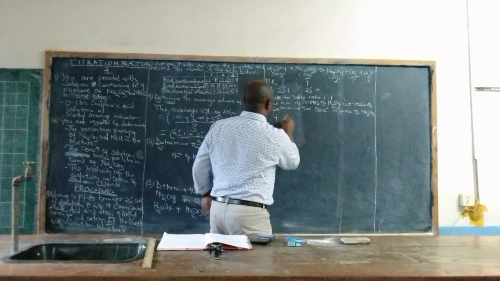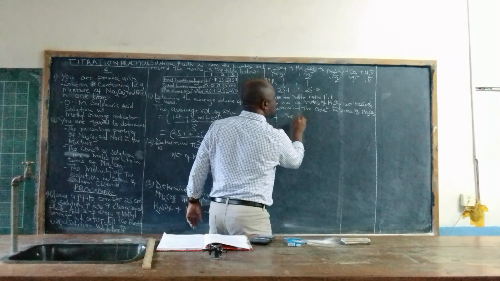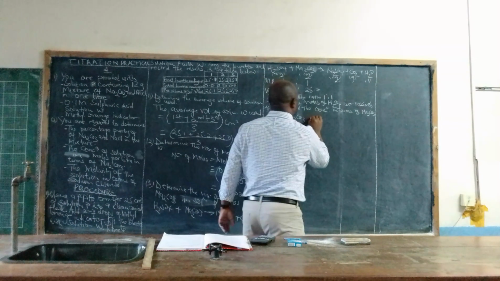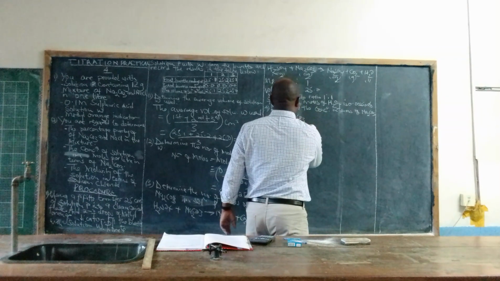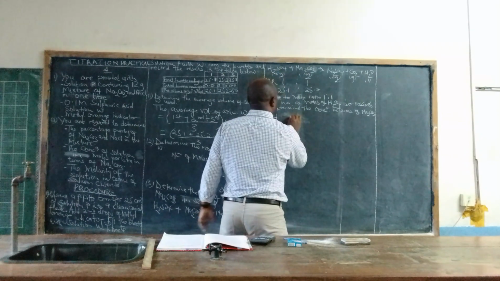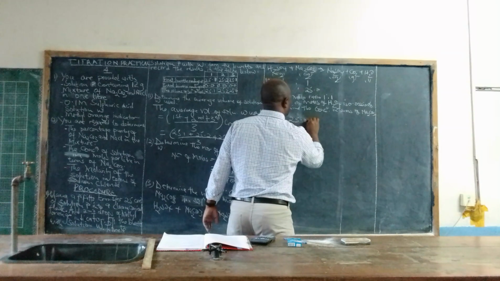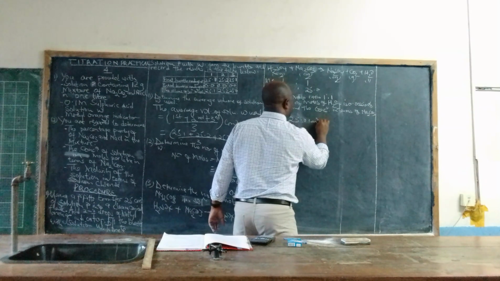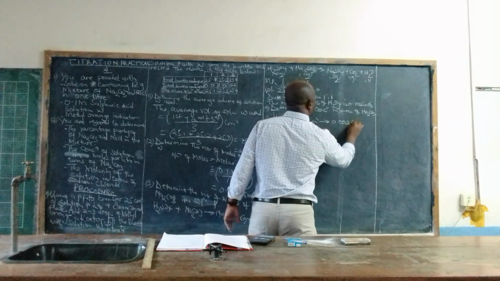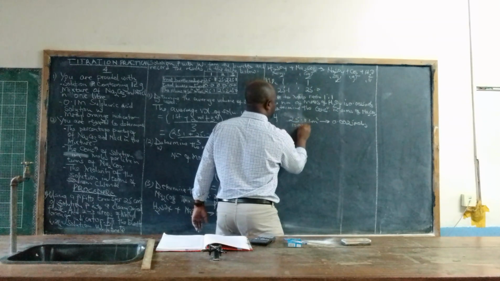So if sodium carbonate has given us this sodium carbonate. Now, if 25.0 cubic centimeters has this number of moles, 0.0025 moles, what about in 1,000 cubic centimeters?